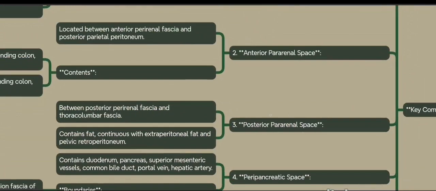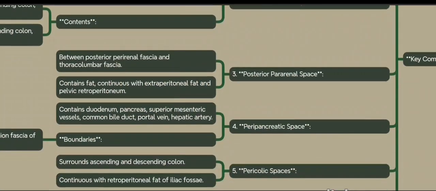It is between posterior perirenal fascia and the thoracolumbar fascia. It contains fat continuous with the extraperitoneal fat and pelvic retroperitoneum.